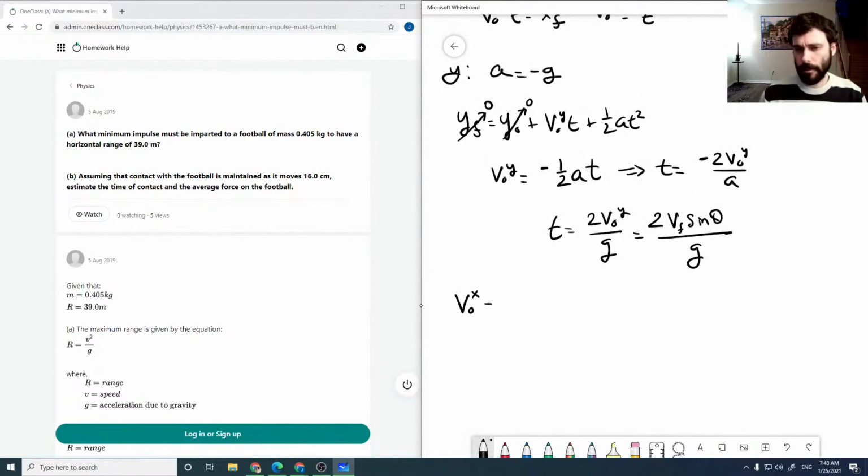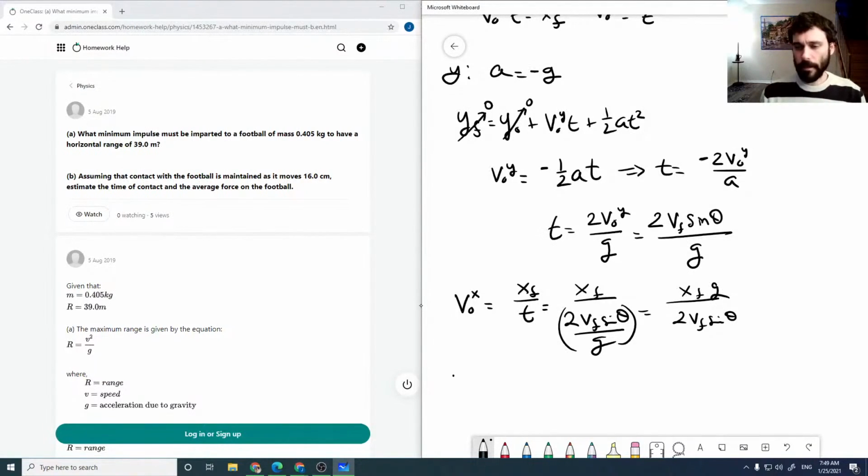So our V naught X is our XF over T. So it's XF over 2 VF sine theta over G, which is XF G over 2 VF sine theta.